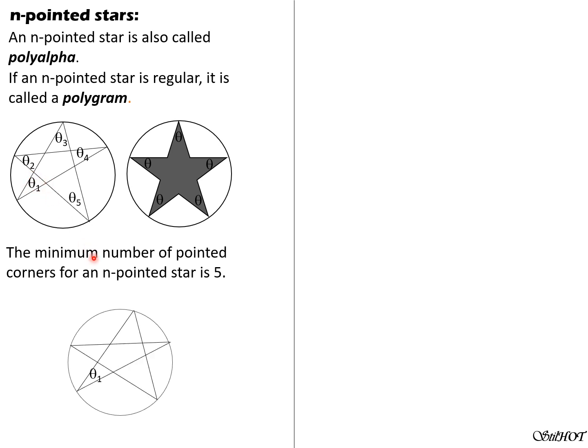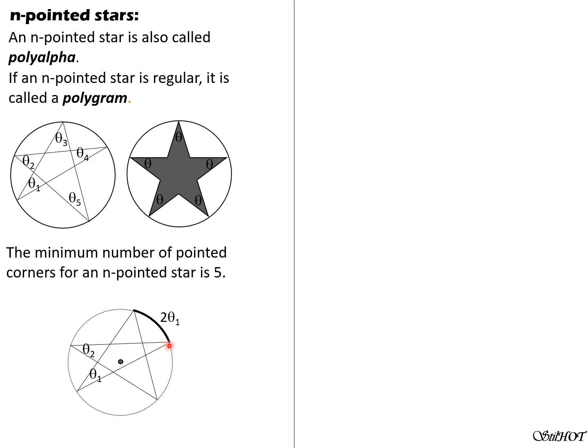Remember that principle. If this is theta 1 subtending this arc, the center subtends double that angle, 2 theta 1.